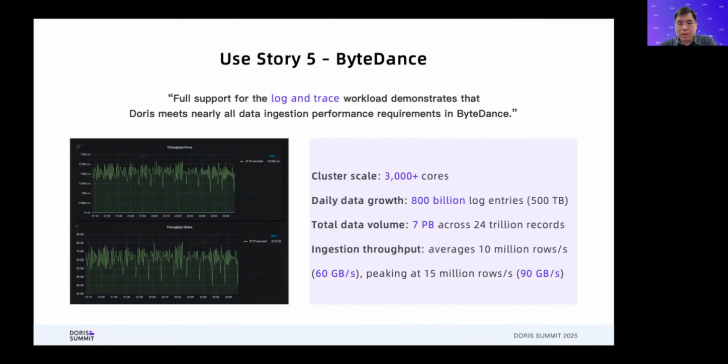The most noticeable number is their ingestion throughput: 16 gigabytes per second on average, and 19 gigabytes per second at peak.